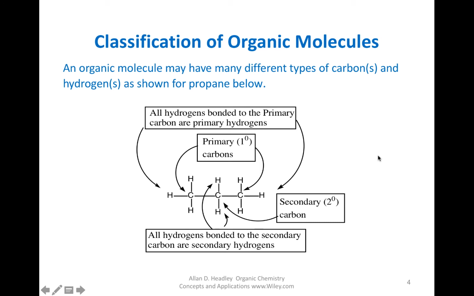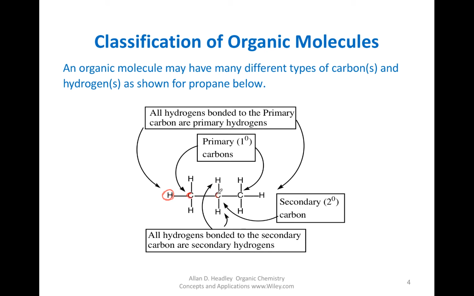So let us apply that knowledge to a molecule. Here's a molecule, CH3CH2CH3. It has different types of carbons, and it also has different types of hydrogens, which we can describe as either primary, secondary, or tertiary. If you're asked what type of hydrogen this is, you look at the carbon that it's bonded to.